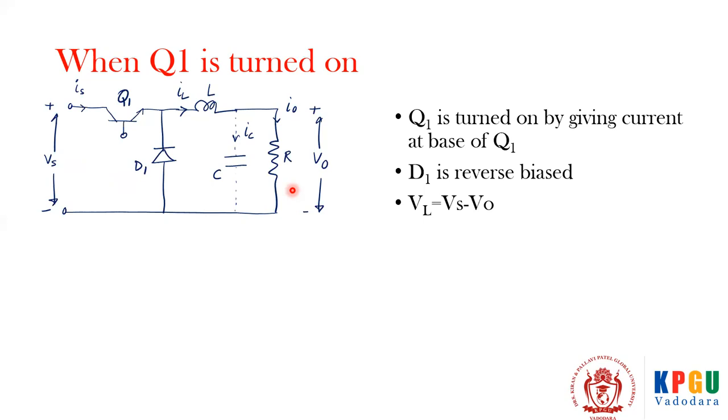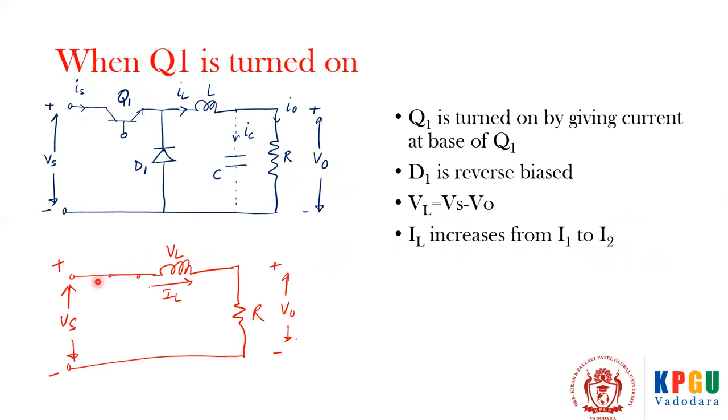So this VL is Vs minus V0, where Vs is the supply voltage which is available over here, and V0 is the output DC voltage. When the switch is turned on and supply voltage is applied, of course the current through the inductor is increasing, and let's assume it's increasing from one value I1 to another value I2, right?